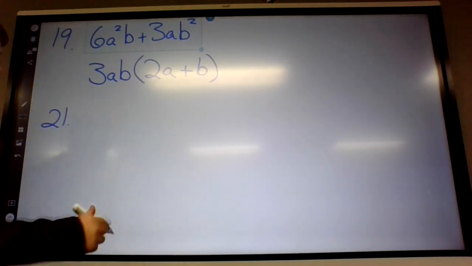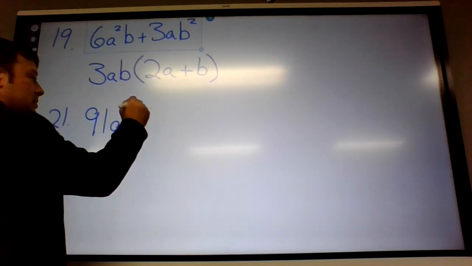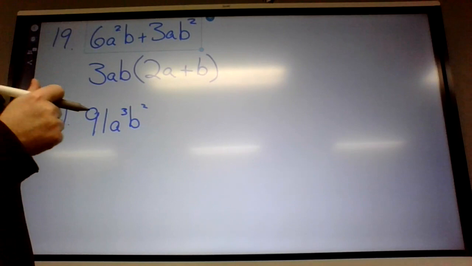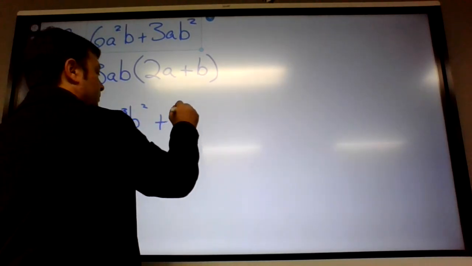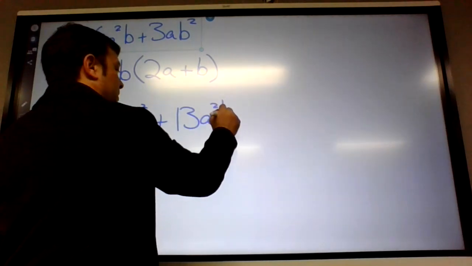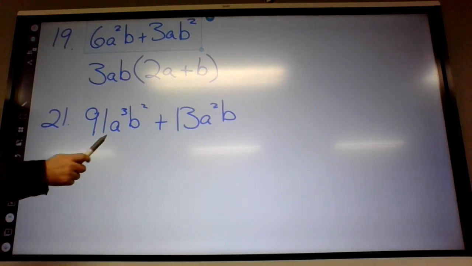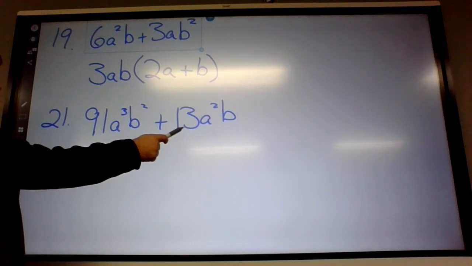91a cubed b squared plus 13a squared b. All right. Well, does anything go into 91 and 13? No. 13. Okay, what's the only thing that goes into 13? 1 and 13.